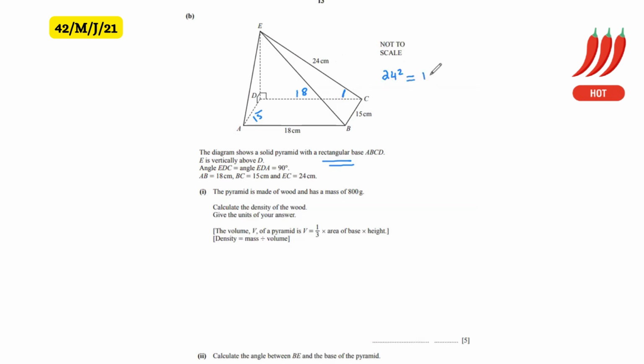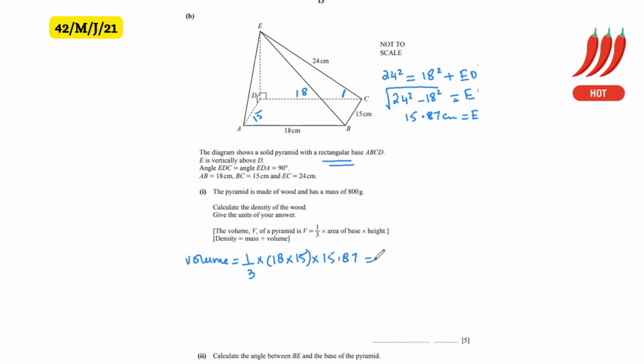24 squared equals to 18 squared plus ED squared. 24 squared minus 18 squared. Square root that gives us ED, which will be 15.87 centimeters. So volume is going to be 1/3 times 18 times 15 times 15.87, which gives us 1428.3 centimeter cube.